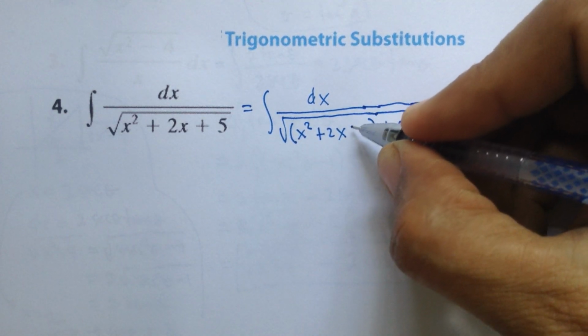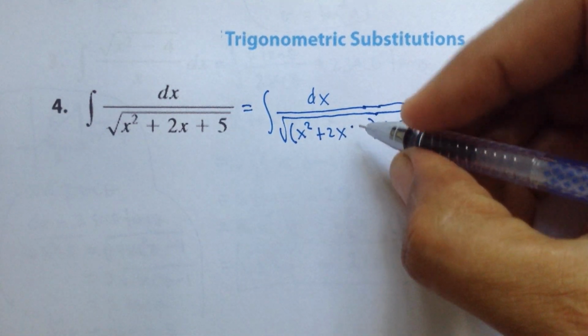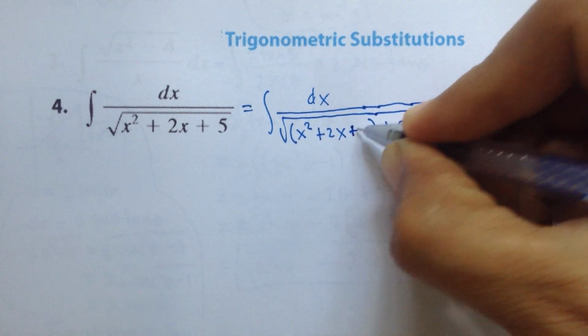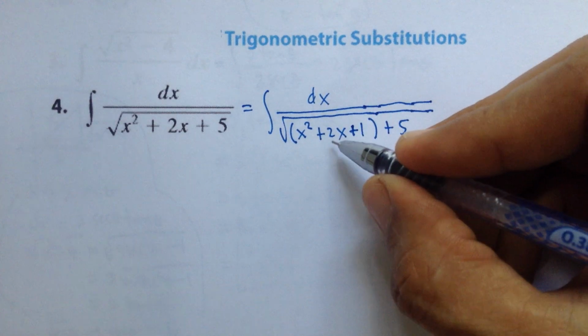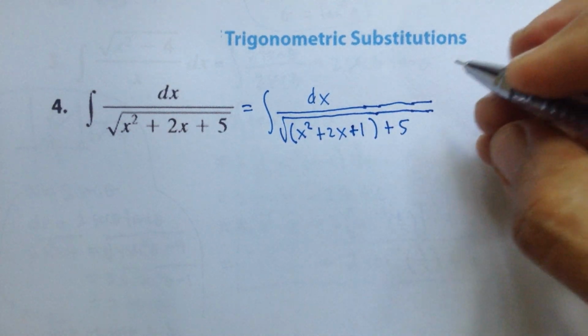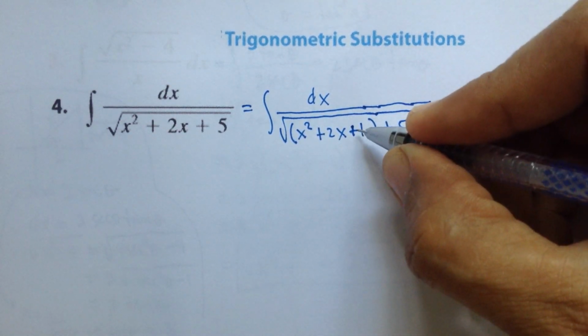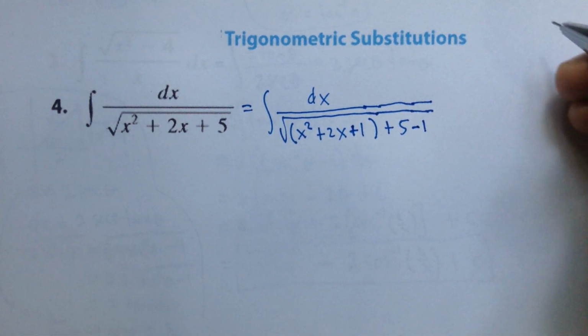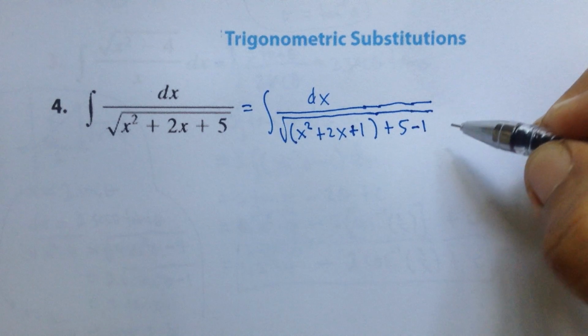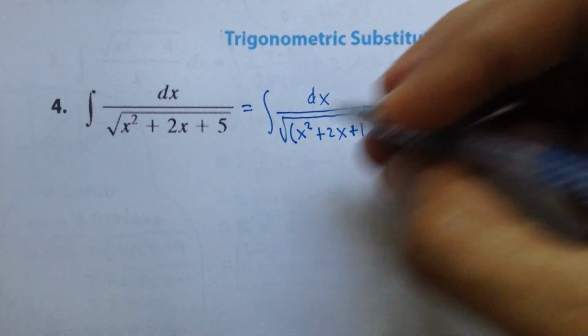What should be added to this to become a perfect square? It's actually 1, because this will become x plus 1 quantity squared. Since we added 1, that means we subtract also 1 here, so it is as if we just added 0 to the whole expression.